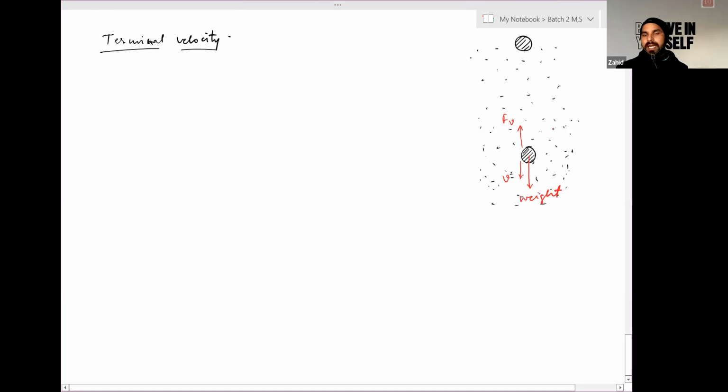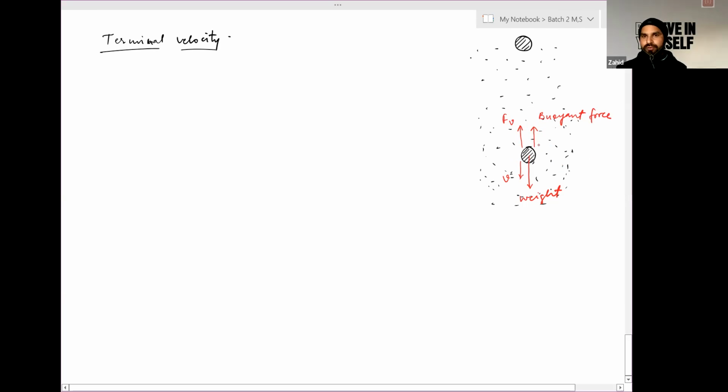And since it is surrounded by a fluid, it must have displaced some of its volume, so it may experience an upward force, which is called buoyant force.